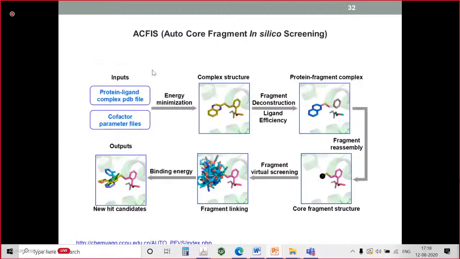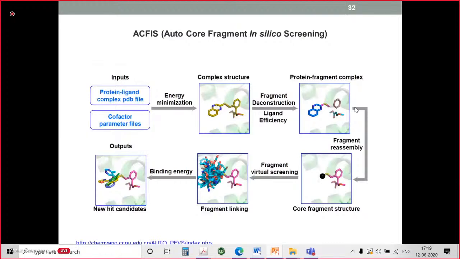So at the initial stage, the properties of these are calculated based on the parameters provided, which is minimized in energy, and the ligand which is available in the binding site is deconstructed. So that is being defragmented, you can say, or deconstructed, using the retrosynthetic analysis approach.